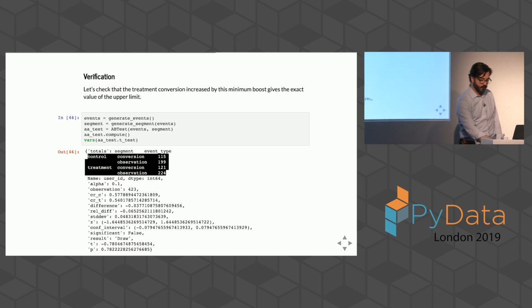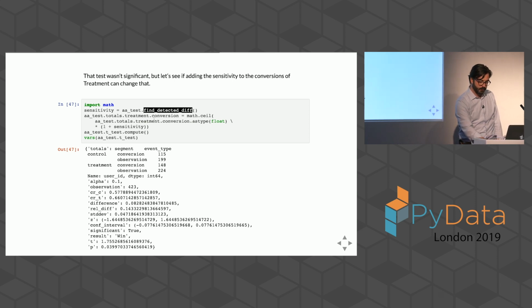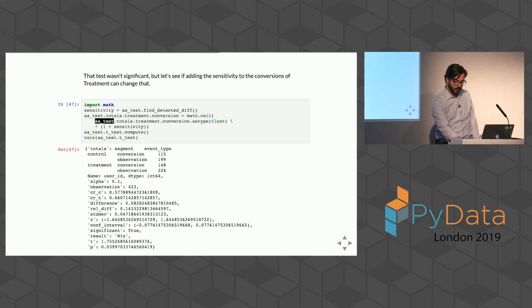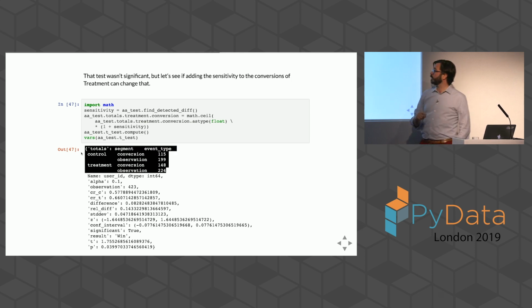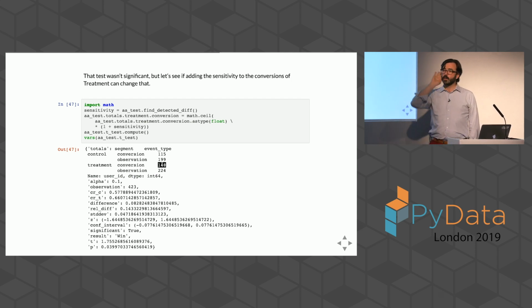So the math that was on the previous one, we basically apply it here. We find the detectable difference the way it was defined. We apply that difference to a test, and we compute the test. If you look at those numbers, they're the same as the one on the page before, except this one. How much was it before? 121? And now it's 148.